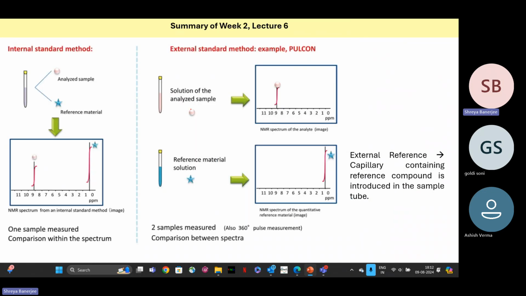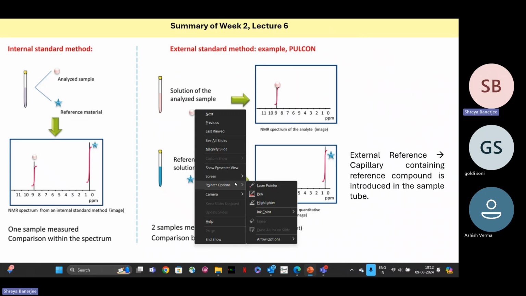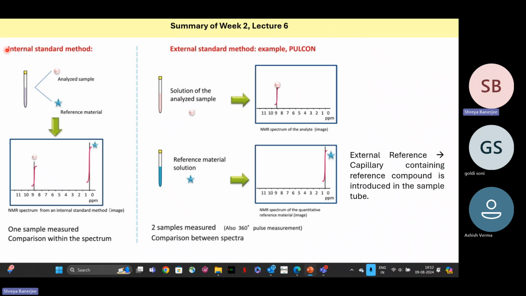So now the reference can be used in 2 ways. One is the internal standard method, where you have your NMR sample tube, and inside the sample tube you have both your sample and the reference. You put the sample tube inside the spectrophotometer and you get the spectra.